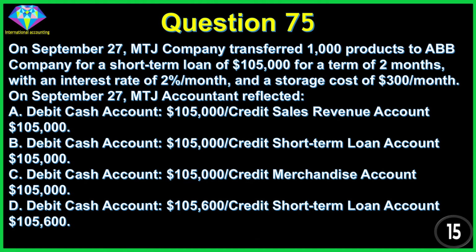C. Debit cash account $105,000 per credit merchandise account $105,000. D. Debit cash account $105,600 per credit short-term loan account $105,600. E. Debit cash account $105,000 per credit short-term loan account $105,000.